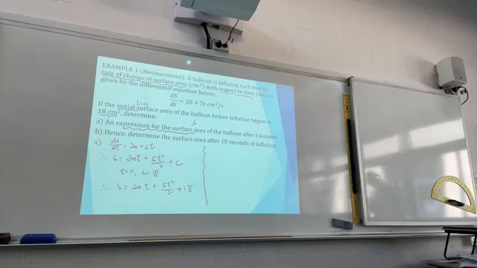So after 10 seconds, part B, S equals 20 times 10 plus 5 times 100 over 2 plus 18, which is 200 plus 250 plus 18, which is 468 centimeters squared. All right?